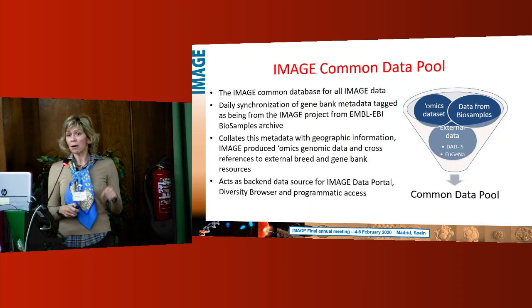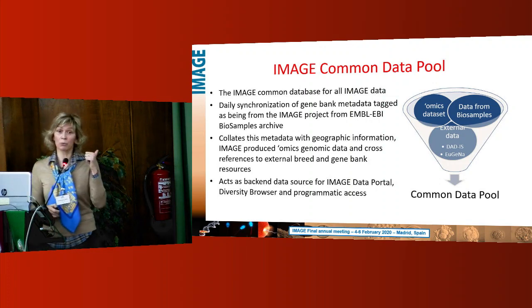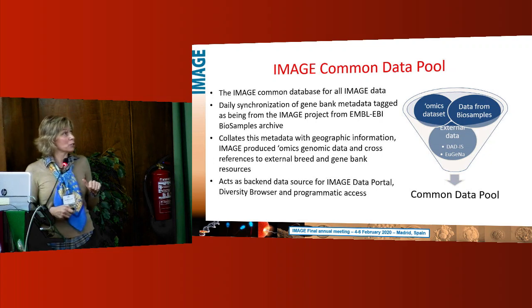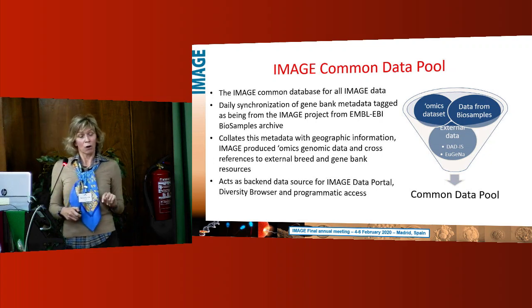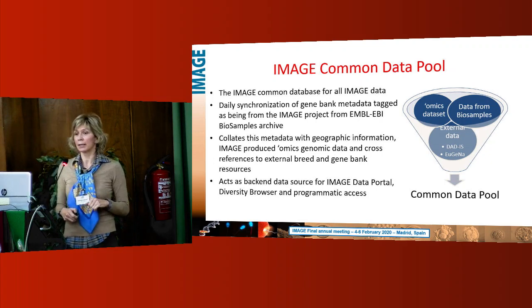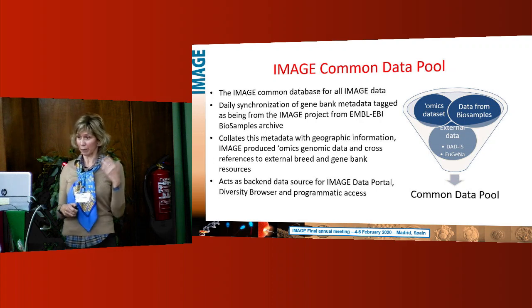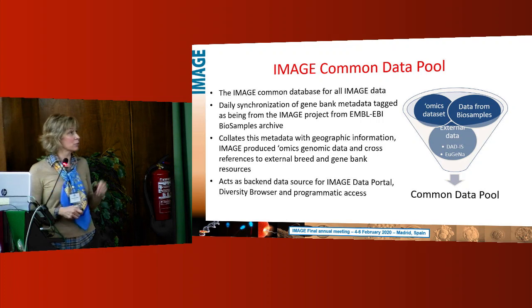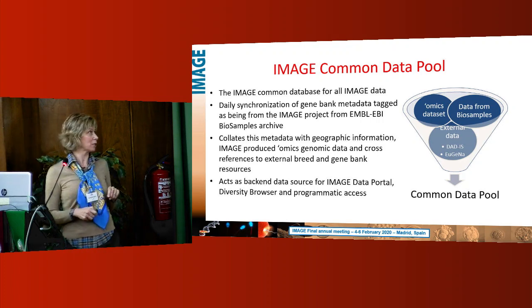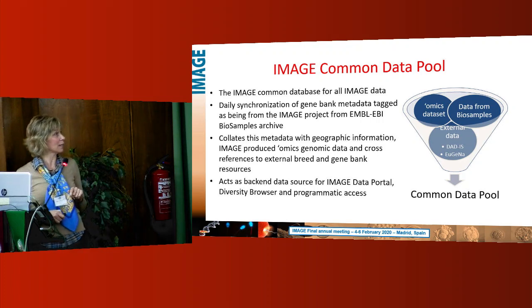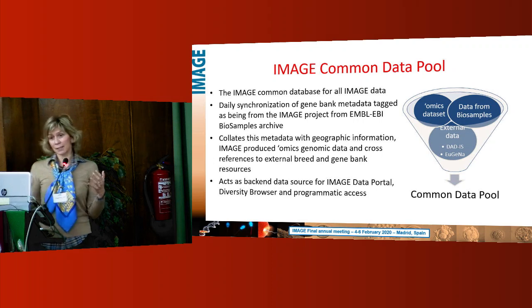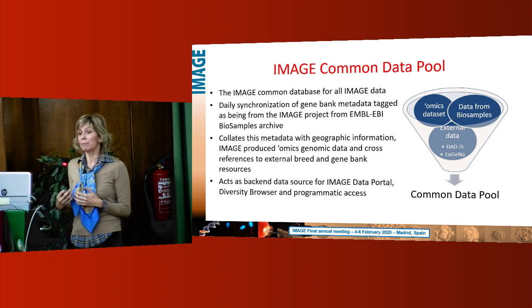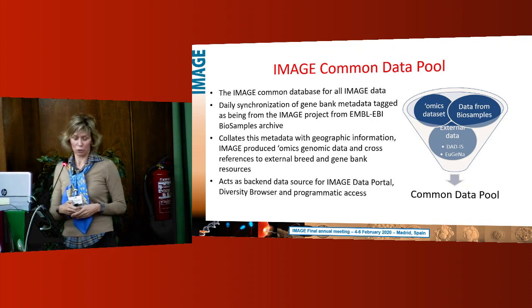It collates this metadata with geographic information where available, of course. IMAGE produces omics information, like from the 10K multispecies chip and beyond that, and cross-references to external breed and gene bank information from DADIS and Eugenia. And of course, it serves as a back end of the IMAGE portal to present information to the world.